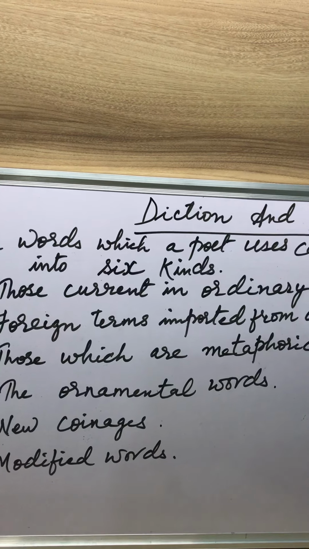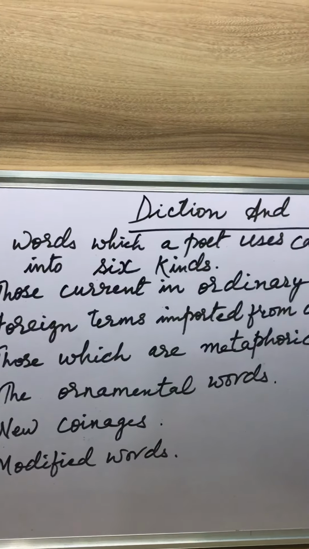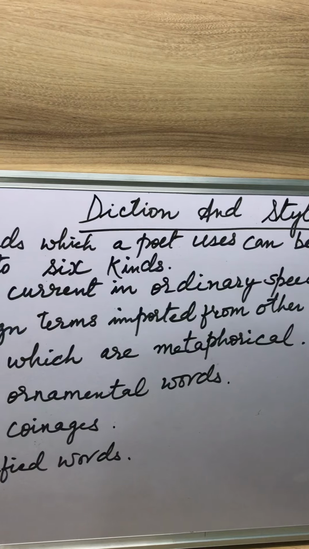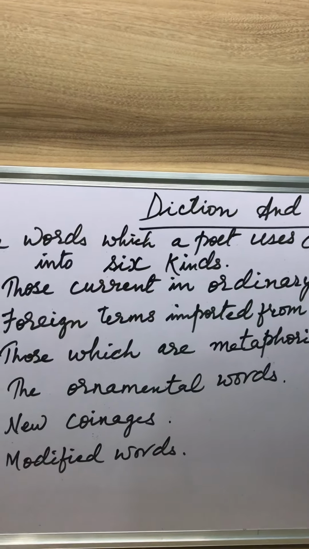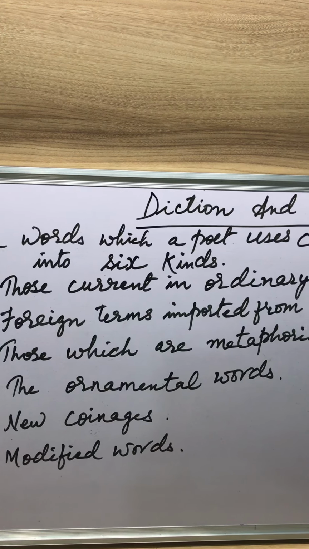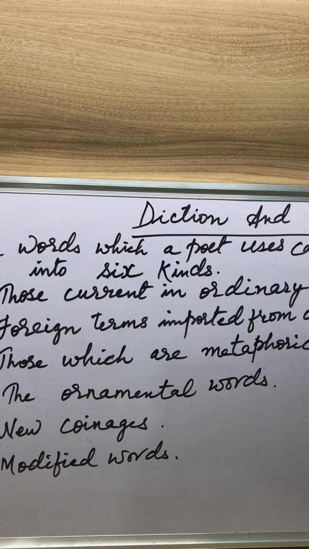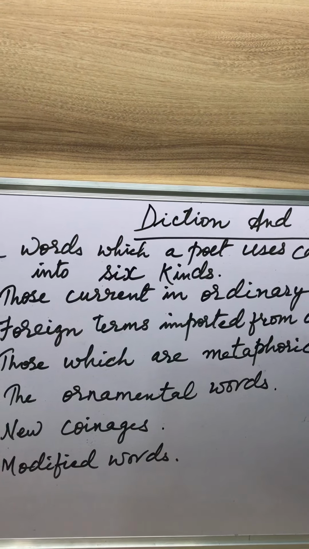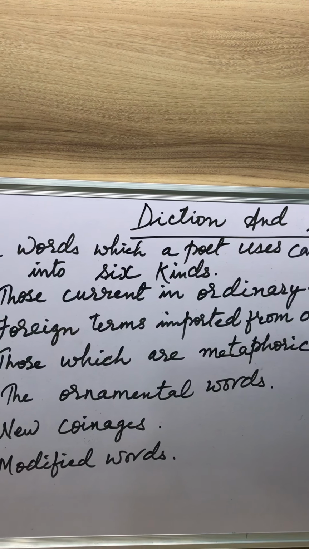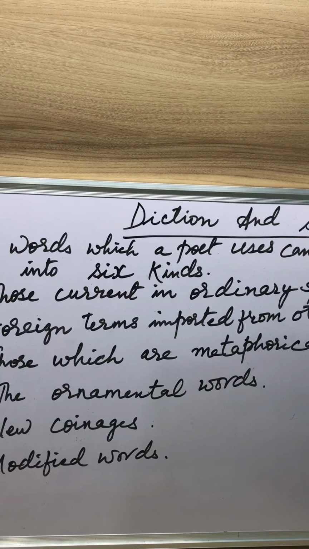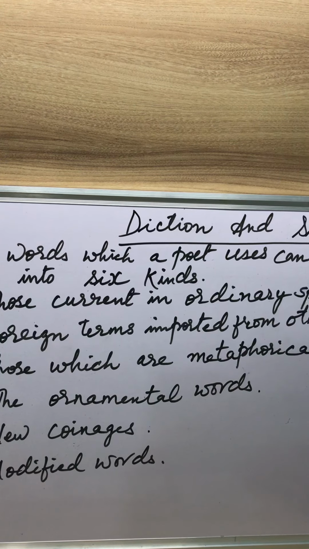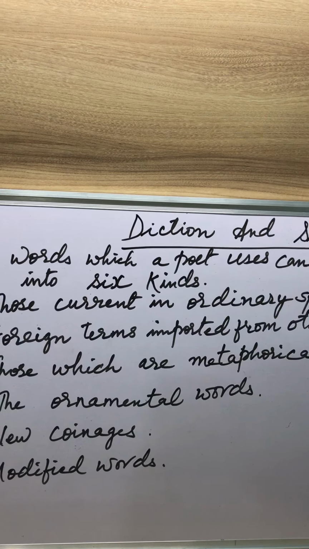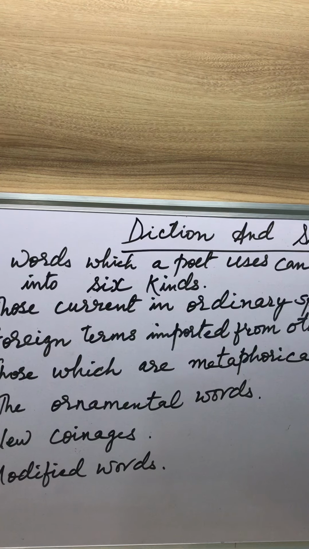Now, the poet's style, Aristotle proceeds, should fulfill above all two conditions. Firstly, it must be clear, and secondly, it must not be mean. If it uses only current words, it will be clear but mean.